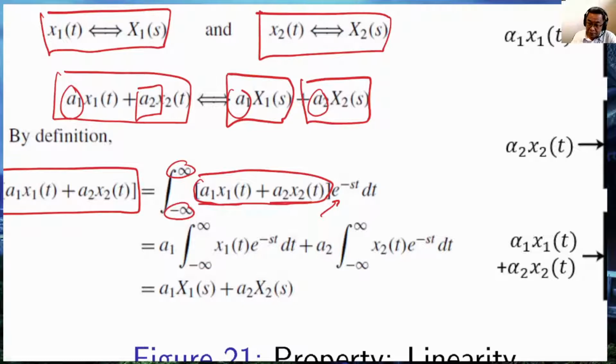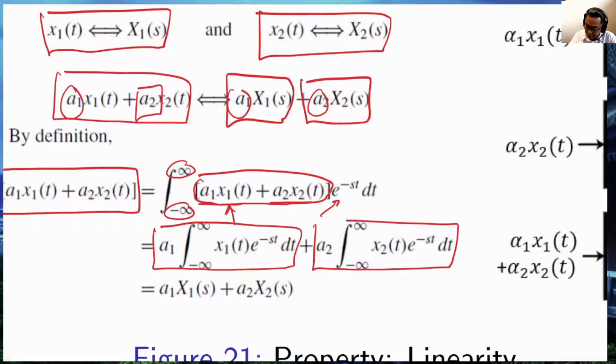We open up the bracket and distribute, and this is what we find for the first expression and for the second expression. We note that this expression is simply a1 X1(s), and this one is simply a2 X2(s). That's it, we have proved it.